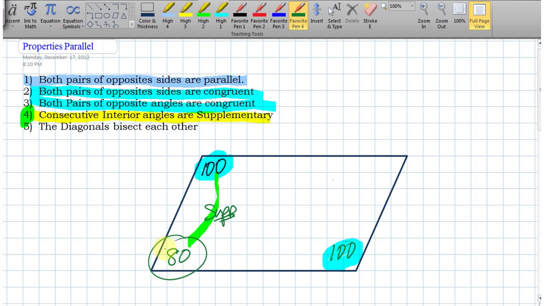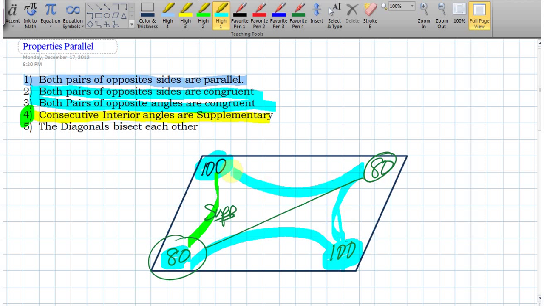And if that one is 80, this one has to be 80 because it's an opposite angle. And now take notice. These two angles right here are supplementary. These two are supplementary. And these two are supplementary. So that's the 4th property of a parallelogram. Same side interior angles will always be supplementary.